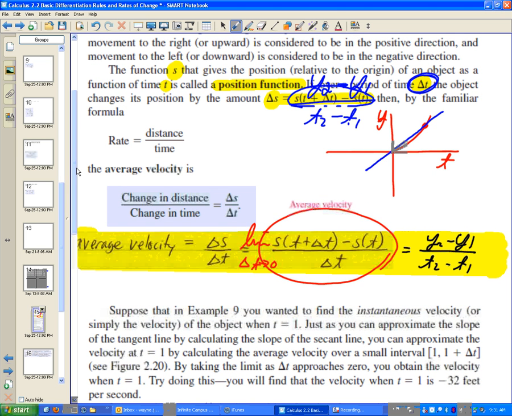If I want to know what the instantaneous velocity is right there at that point, I can do it by finding average velocities and then narrowing the interval down, right? And I'll eventually find that every time I make the interval smaller, delta t smaller, the average velocity gets closer to 70 miles per hour. Okay?